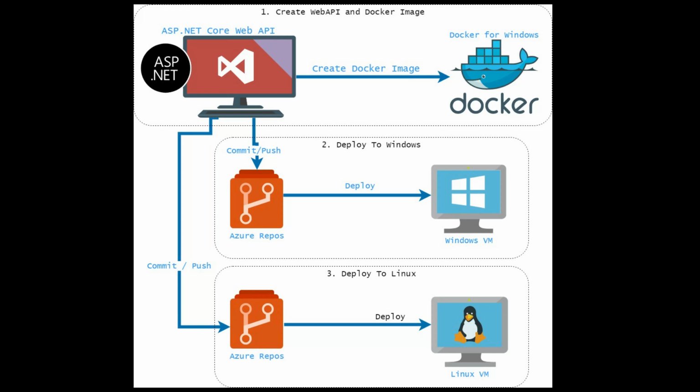So before I jump into the demo, I decided to break this into 3 different videos. The first is create the web API and then create a Docker image to be deployed. Then the second video will be deploy through Azure DevOps to a Windows virtual machine using the Azure repos that you've seen earlier in the videos. And then the last video will be deploy to a Linux virtual machine, also using the Azure repos.